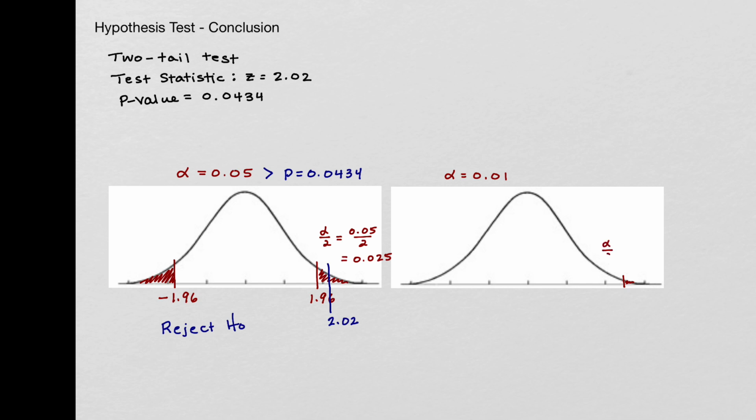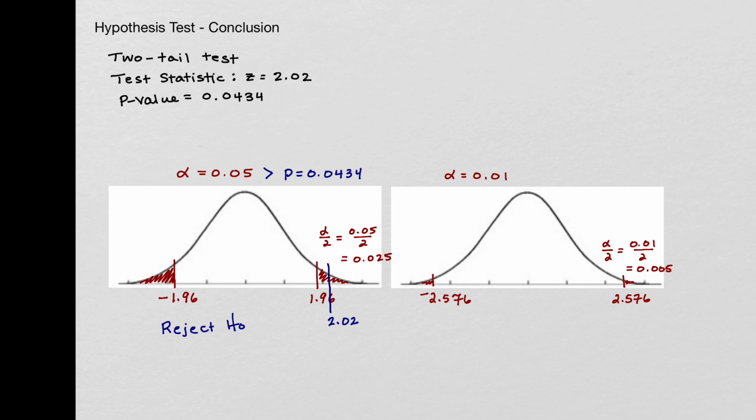That makes alpha over 2 turn out to be 0.005. So very small area in the right-hand tail. Again, small area in the left-hand tail. And our critical values are going to be 2.576 and negative 2.576.